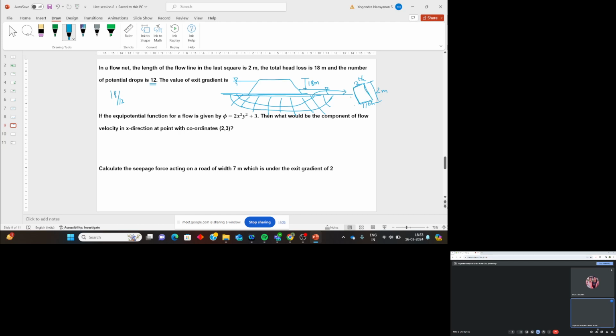That means you need to know delta H at this drop. Delta H at every drop will not change, it is the same. So how will you calculate? 18 by 12. Delta H by ND.